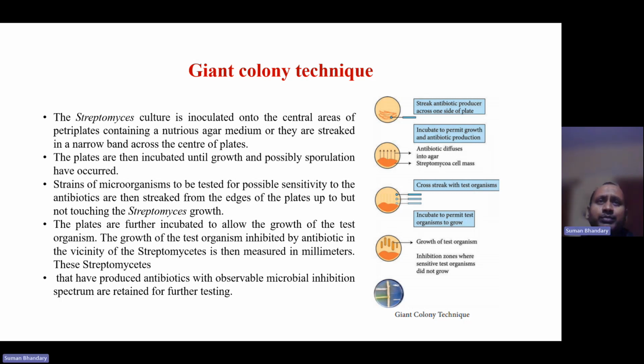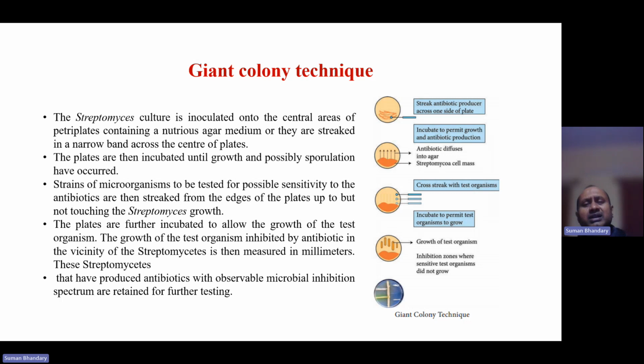And then we have to measure the distance over which the growth of different test organisms is inhibited by the antibiotic secreted by the isolated Streptomyces species, definitely in millimeters. Now, the relative inhibition of growth of different test microorganisms by the antibiotic producer is known as the inhibition spectrum.